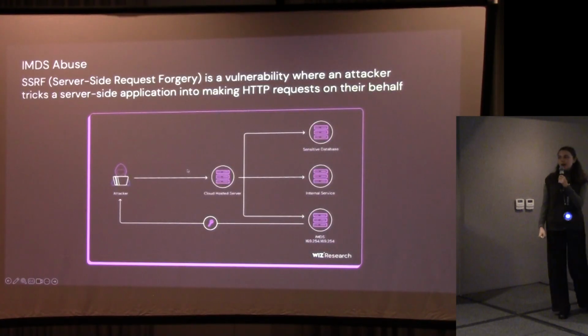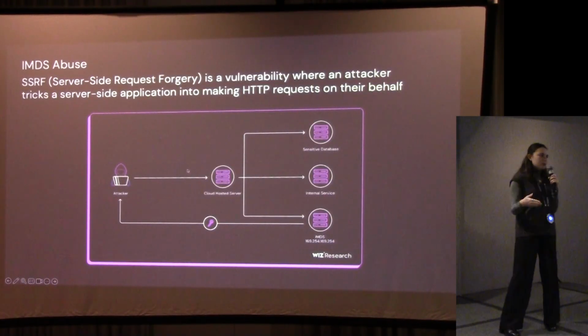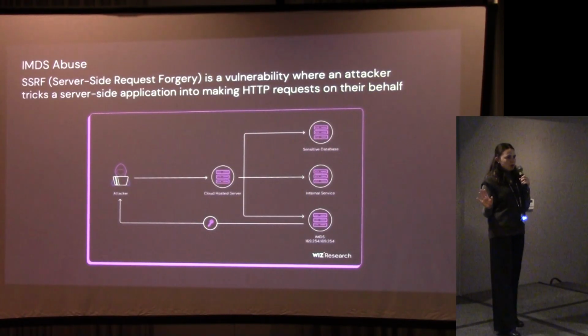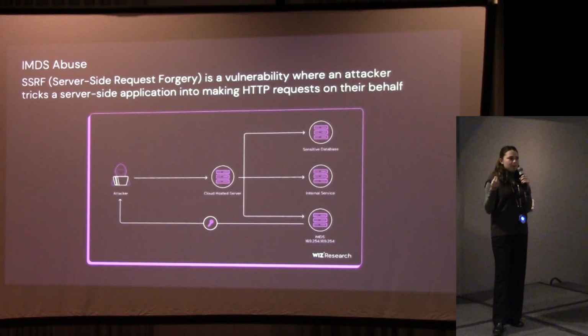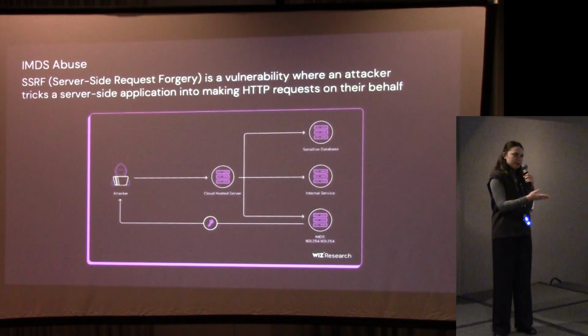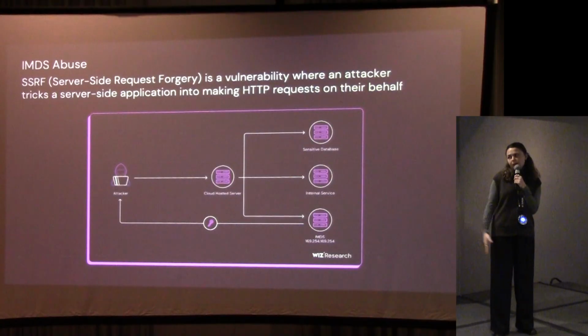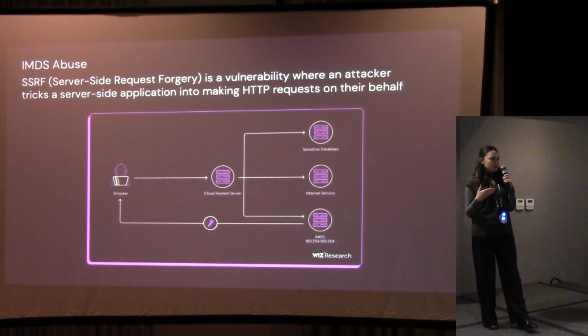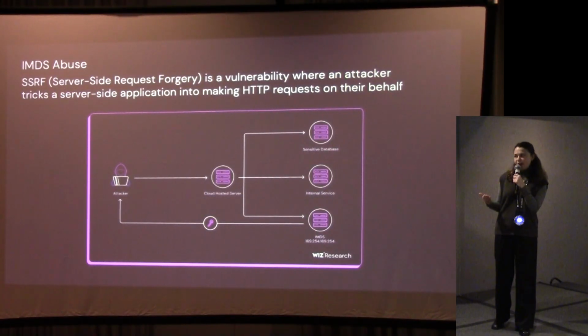So we've seen IMDS abuse in several real-world cloud breaches, and almost every time, the root cause isn't IMDS itself, but an application that unknowingly acts as a proxy to it. One common example is an SSRF vulnerability, which occurs when an attacker tricks a vulnerable application into sending HTTP requests on their behalf.